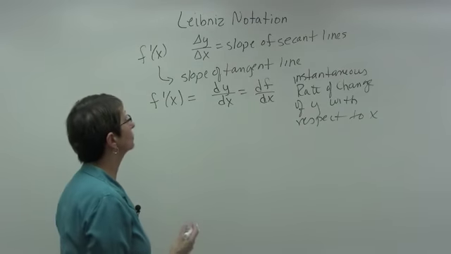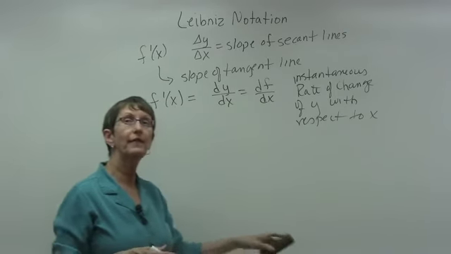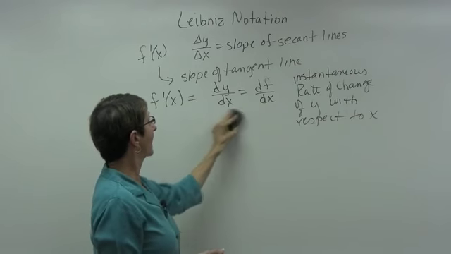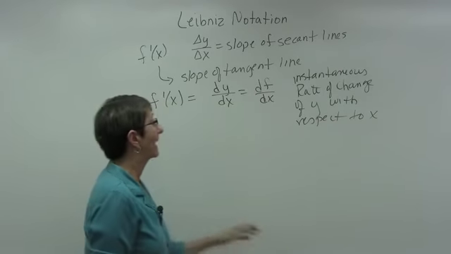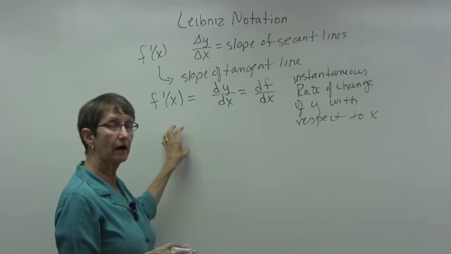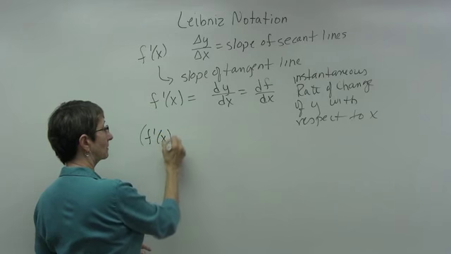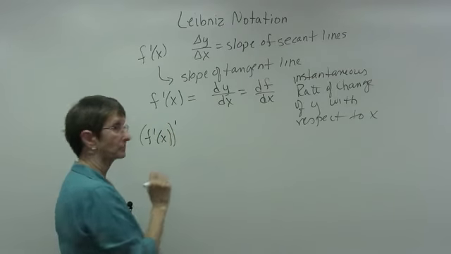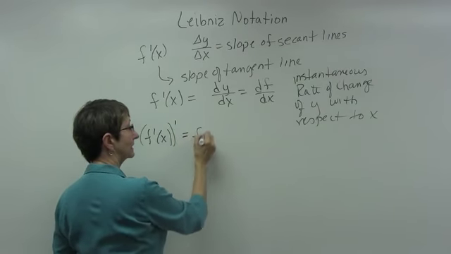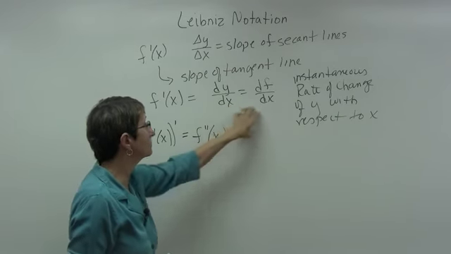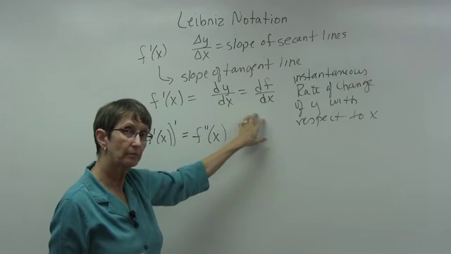We can also use Leibniz notation with higher order derivatives. So if this is our first derivative, if I want to take the derivative of the derivative, f prime of x prime, that gives me the second derivative, and I need a corresponding notation for the Leibniz notation.